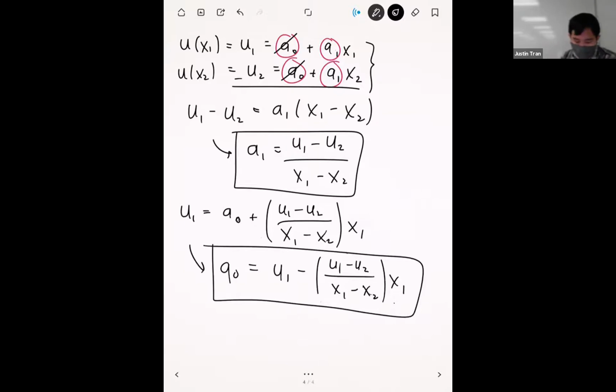And so those are the solutions for the two constants that we obtained by solving this linear system.